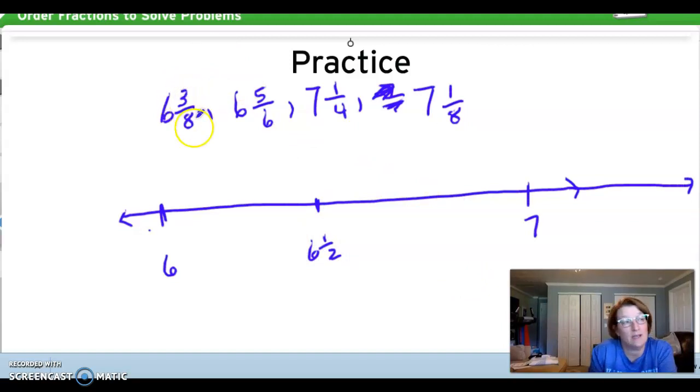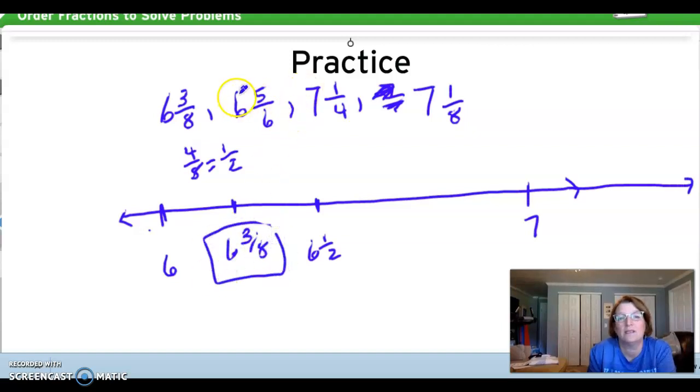So 6 3/8 would be less than 6.5 because 4/8 is half. So 6 3/8 would come down here. 6 5/6, 3/6 is half. So 5/6 is more than half. So we'd have 6 5/6.